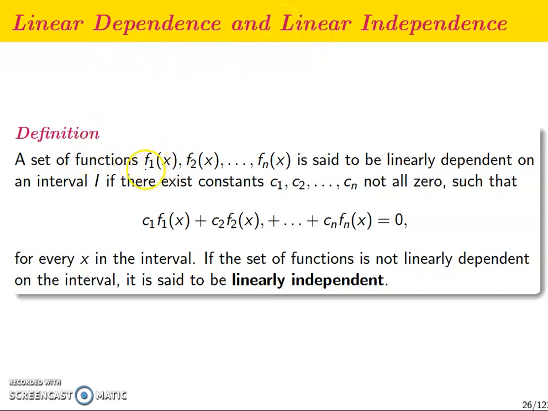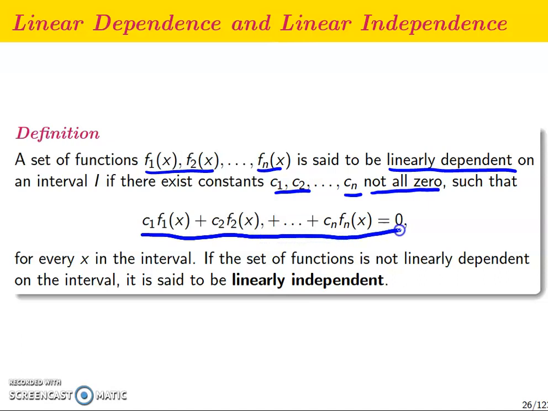A set of functions f1, f2, ..., fn is said to be linearly dependent on an interval I if there exist constants c1, c2, ..., cn, not all 0, such that c1 f1(x) + c2 f2(x) + ... + cn fn(x) equals 0 for every x in the interval. If the set of functions is not linearly dependent, we say it is linearly independent.